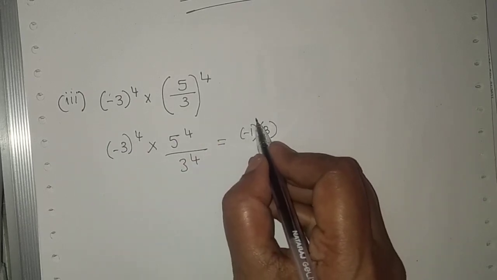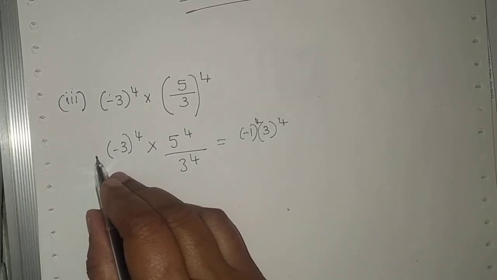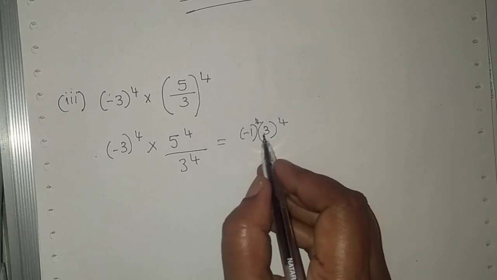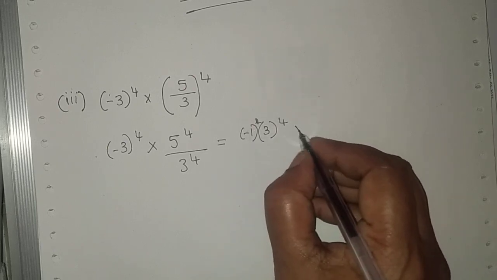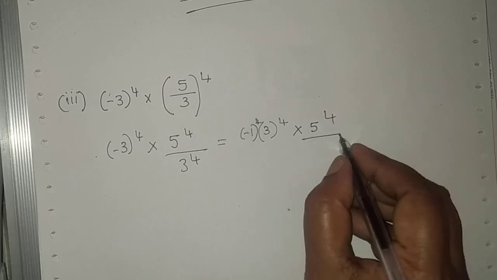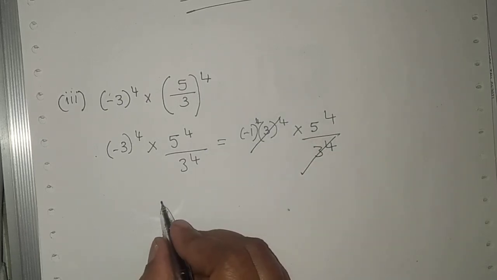Then power also we have to write as 4, then 3. So minus 1 right outside into 3 will become minus 3 only. Write the power in both the cases into 5 to the power of 4 by 3 to the power of 4. Now 3 to the power of 4, 3 to the power of 4 cancels.